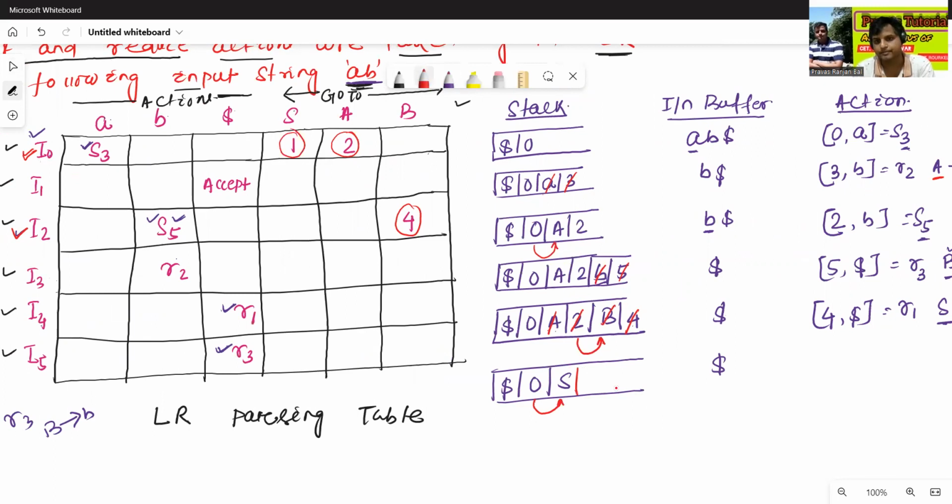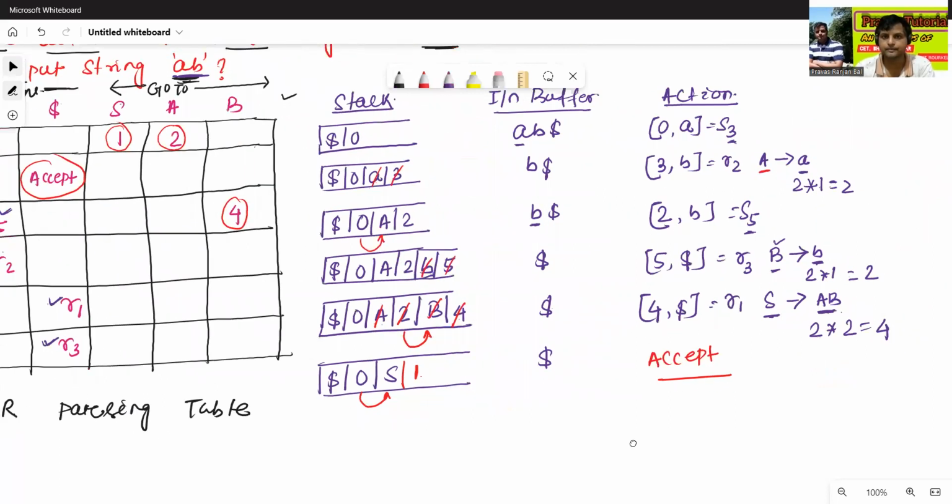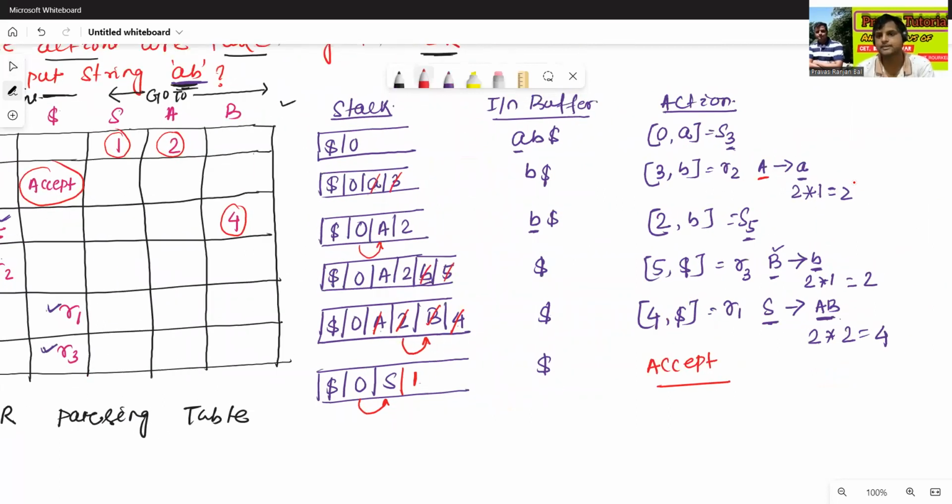What is 1 to dollar? 1 to dollar is the accept action. So the input string is valid.